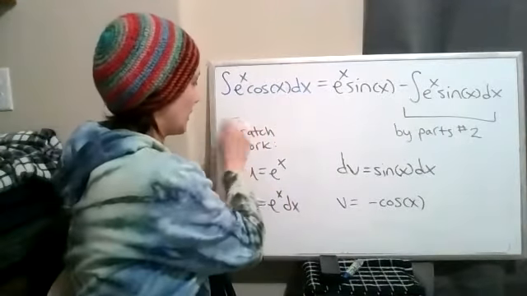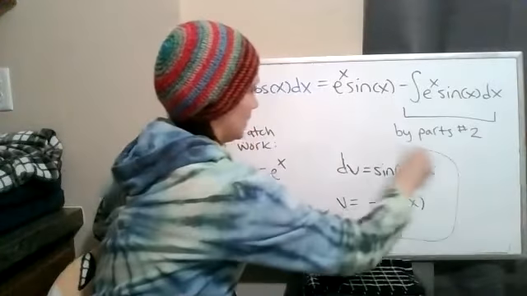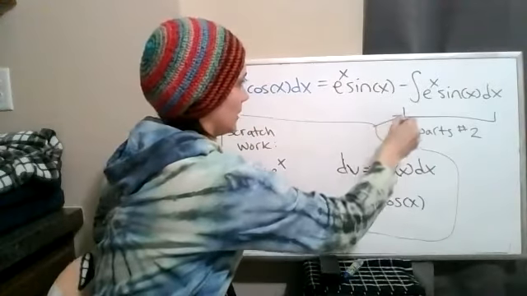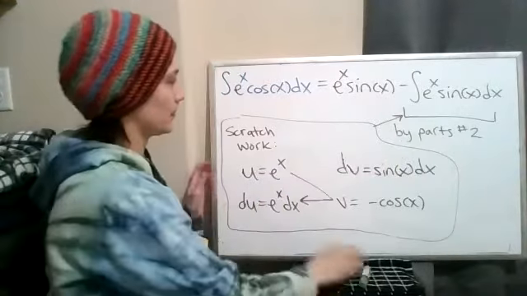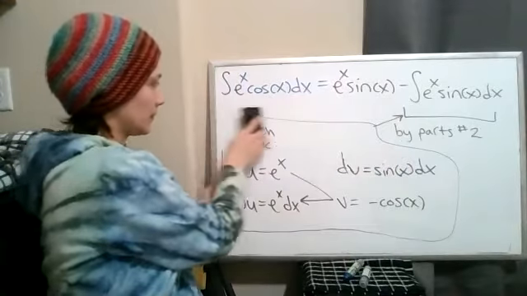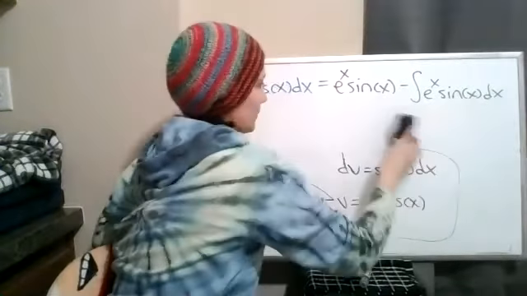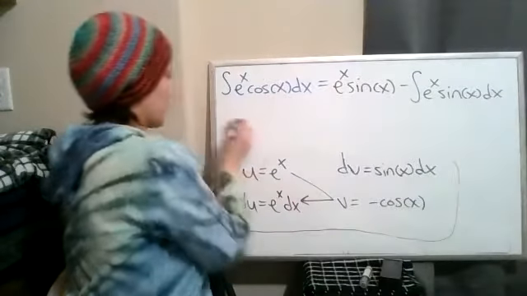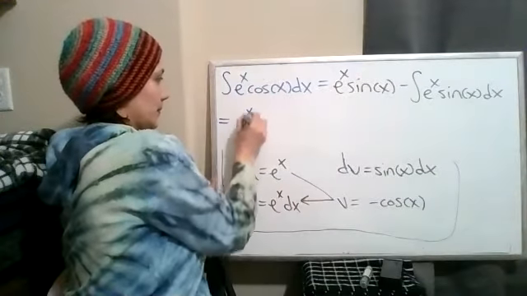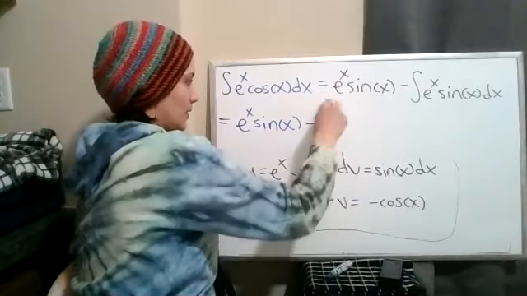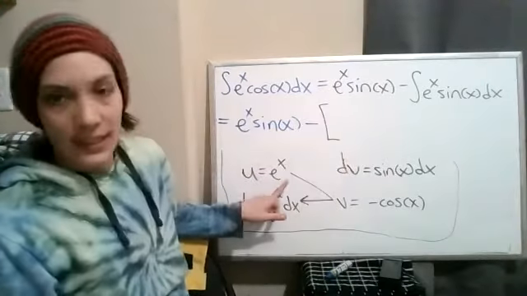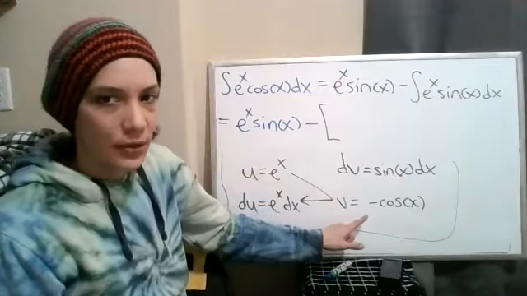And so for just this piece here, we're going to go here times here and subtract this. All right, e to the x times negative cosine of x.